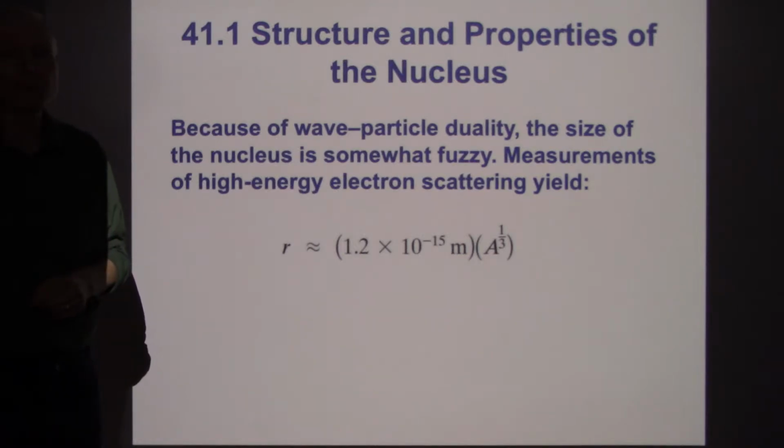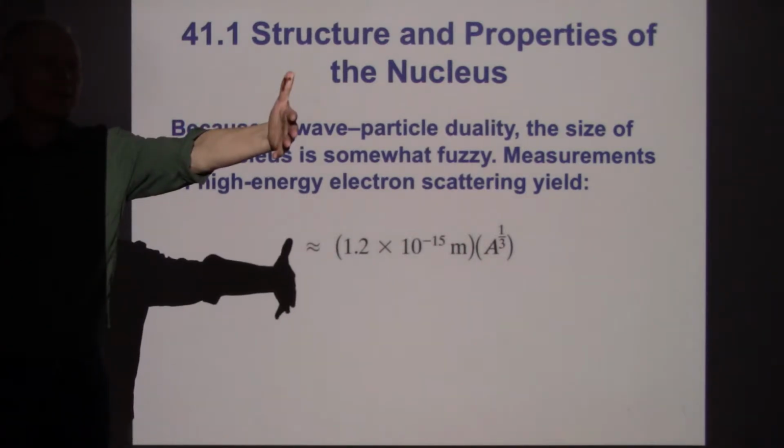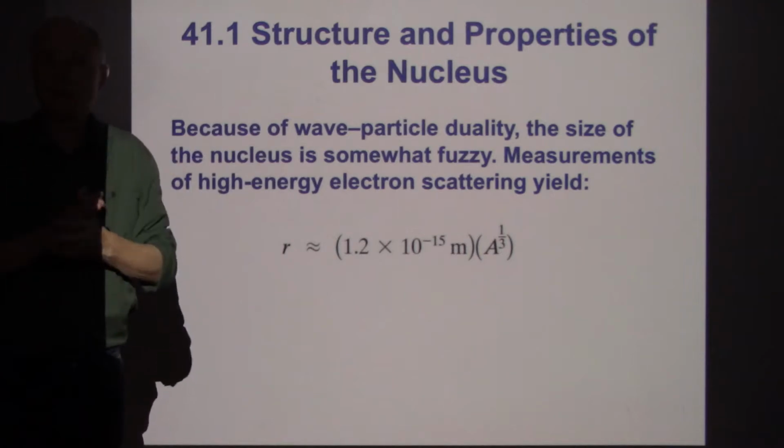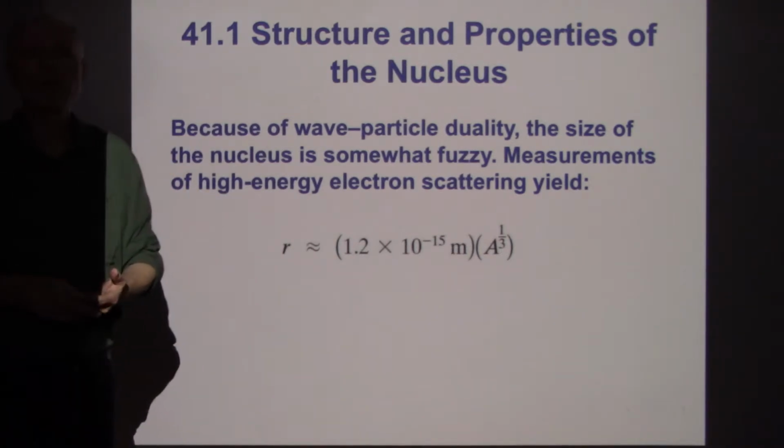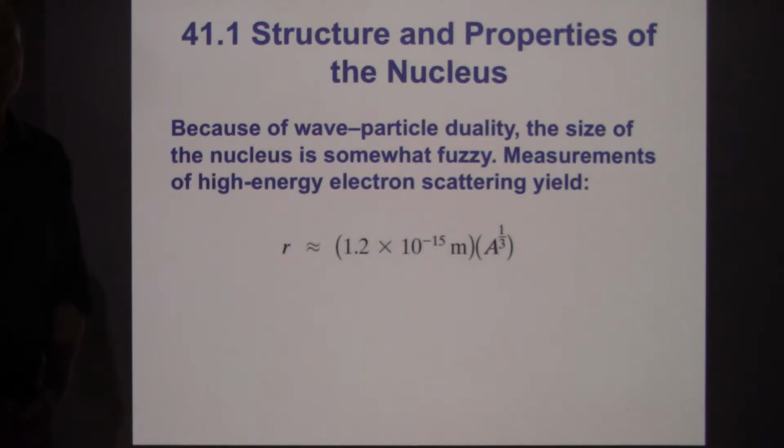Femto is 10 to the minus 15. The atoms were in hundreds of picometers, so that's like 10,000 times bigger in diameter. And in terms of volume, that would say the volume of an atom is like 10 to the 4th cubed, 10 to the 12th. So the nucleus takes up maybe 1 trillionth of the volume of an atom, typically.